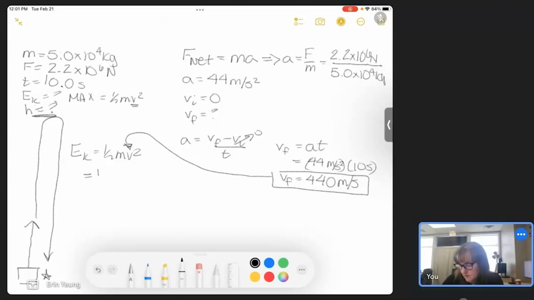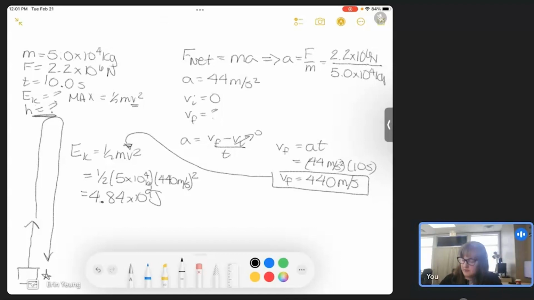Okay, so we've got 1/2 times 5 times 10 to the 4 kilograms times 440 meters per second, squared, is going to give me a maximum kinetic energy of 4.84 times 10 to the 9 joules.